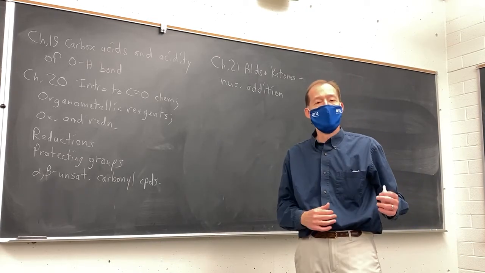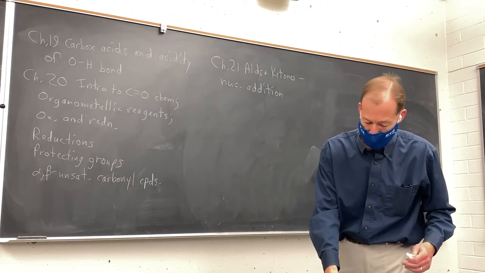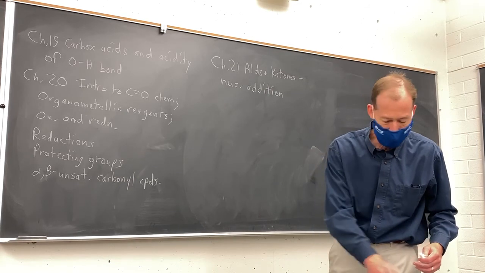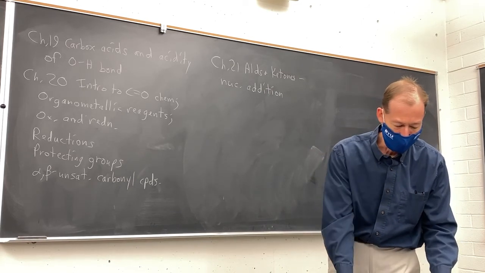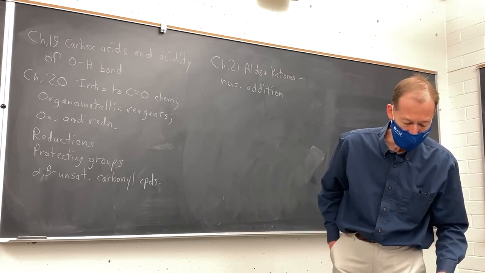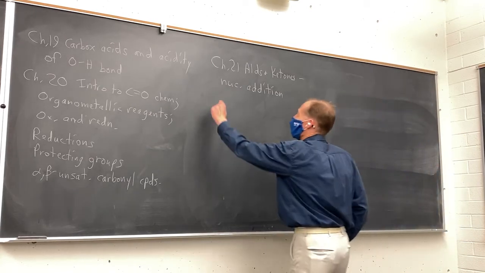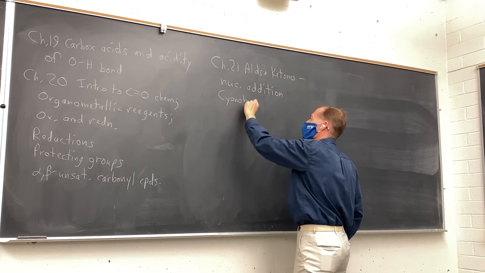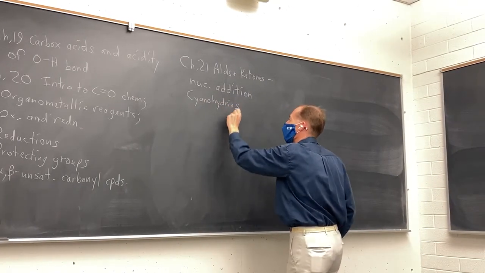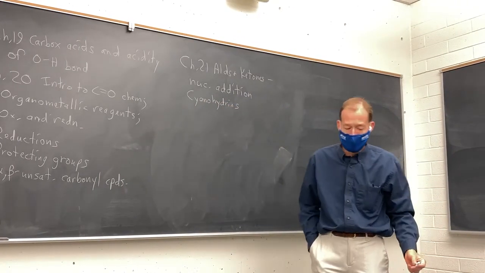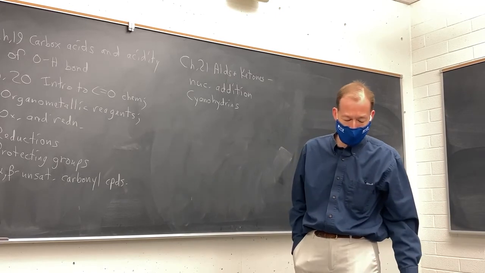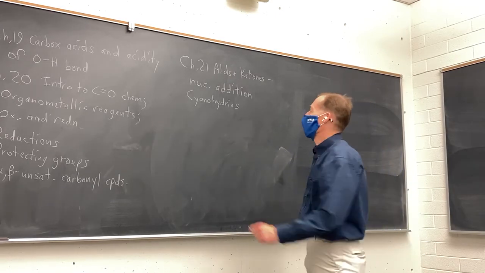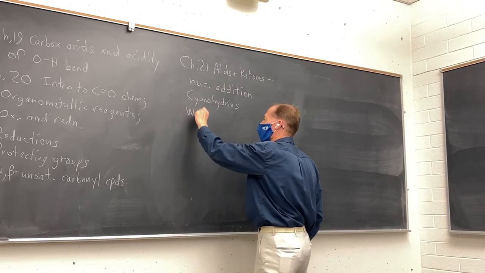So we've already covered that, but we covered some different types of nucleophilic additions in this particular chapter. So we talked about making cyanohydrins. That's a topic we have returned to in the carbohydrate section of the class. And then we talked about the Wittig reaction.